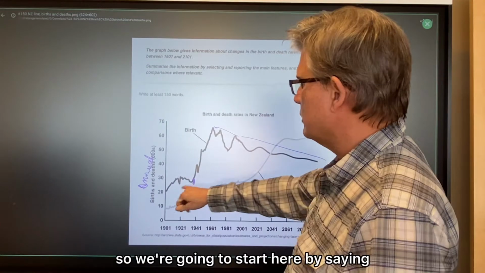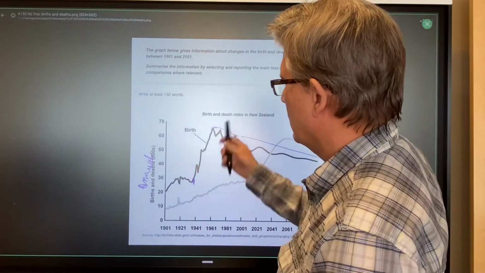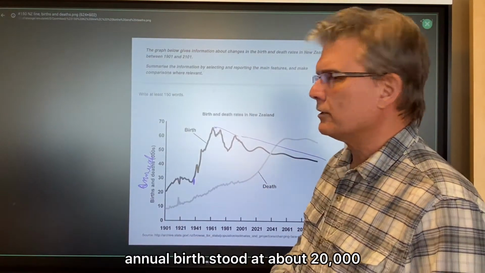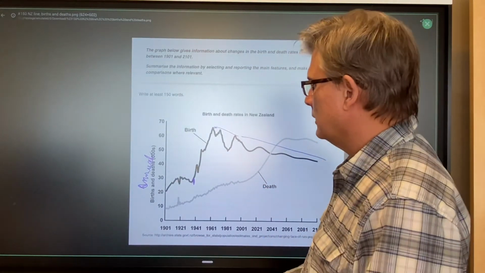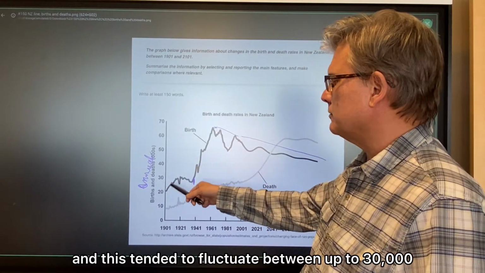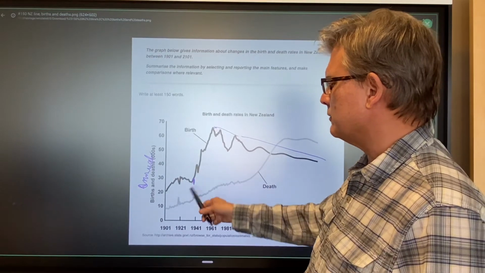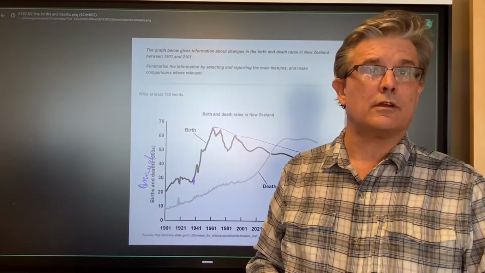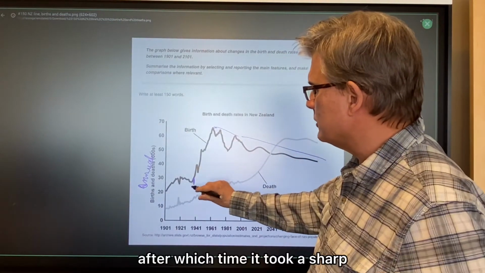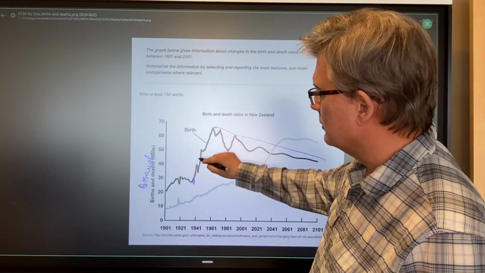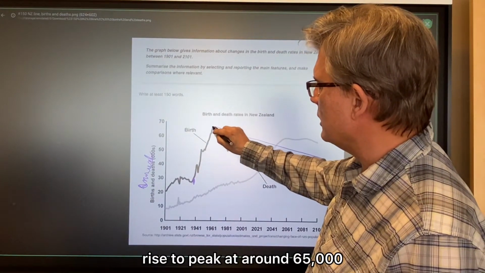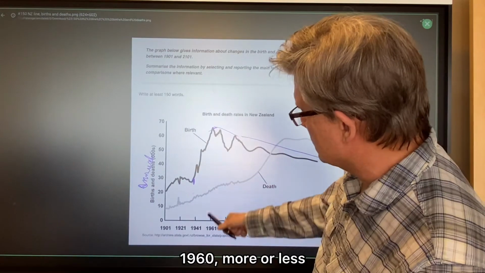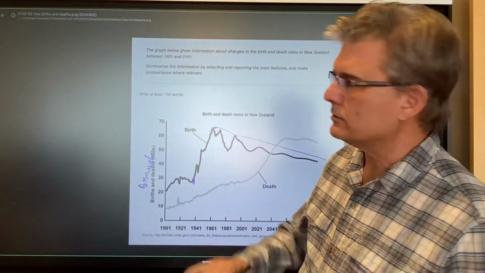So we're going to start here by saying in New Zealand in 1901, annual births stood at about 20,000. And this tended to fluctuate up to 30,000 until about 1939. After which time it took a sharp rise to peak at around 65,000 in about 1960, more or less.